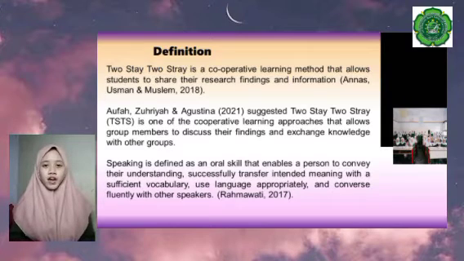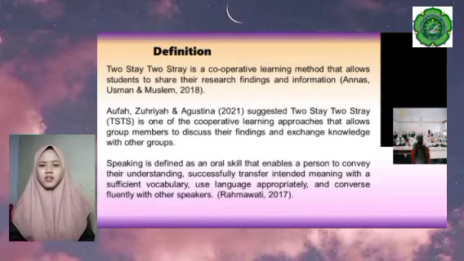According to Alfa, Zuhria, and Agustina, 2021, they suggested that Two-Stay Two-Stray is one of the cooperative learning approaches that allows group members to discuss their findings and exchange knowledge with other groups.